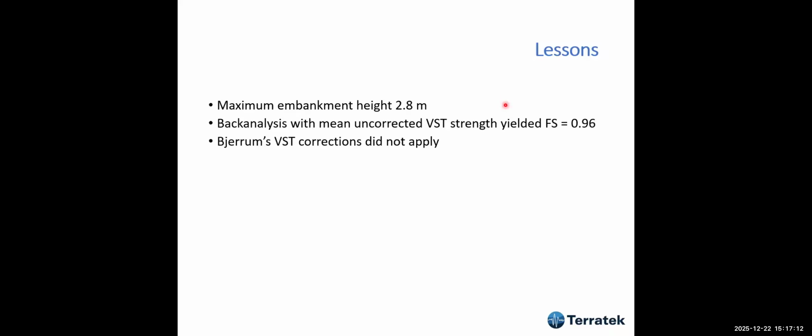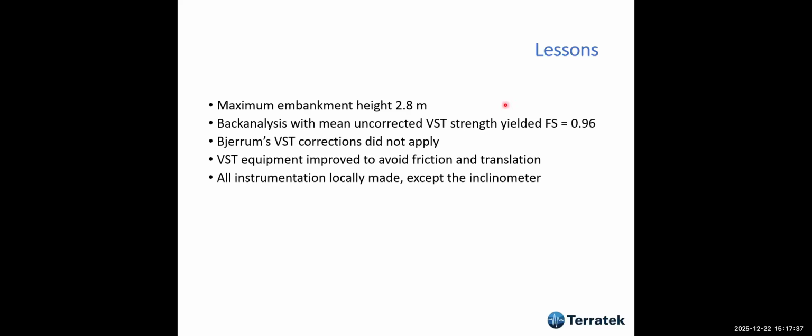Today, I prefer to correct the values with a reduction factor of 0.7. VST equipment improved to avoid friction and translation. We found out the VST equipment was very poor, and we decided to redesign, and that gave much better results.